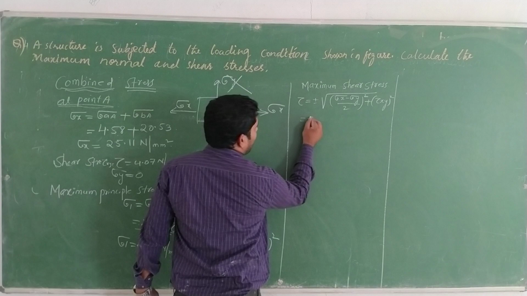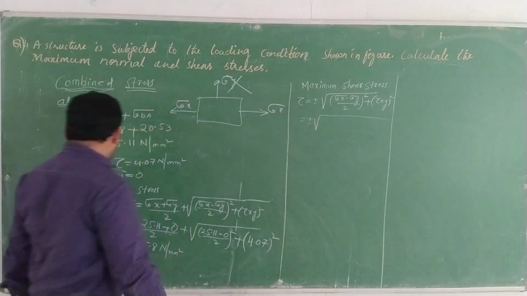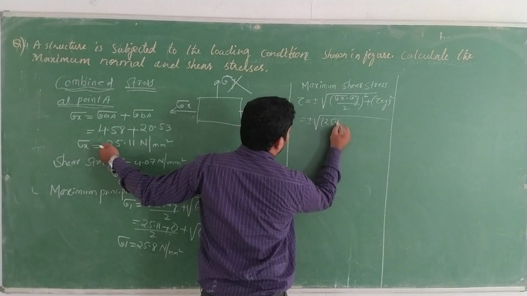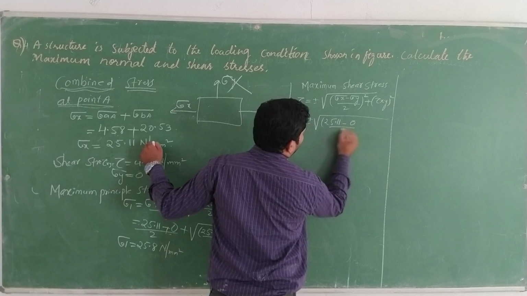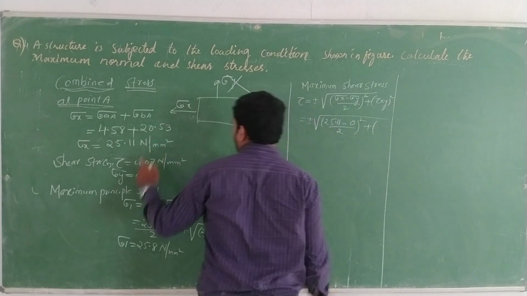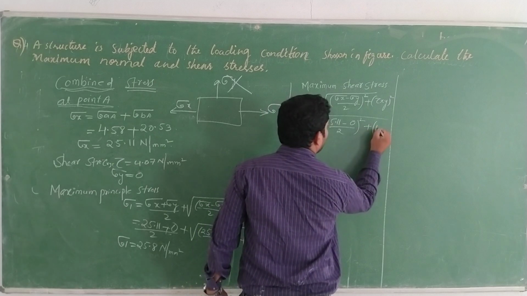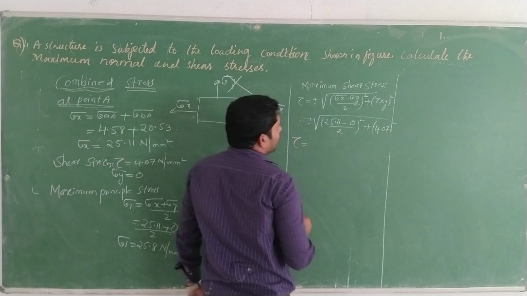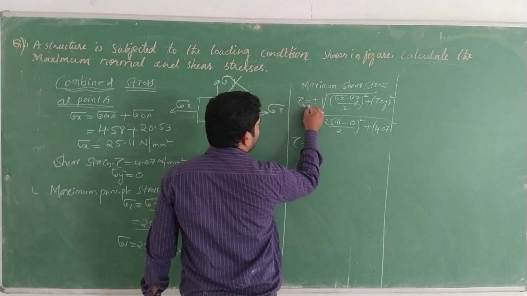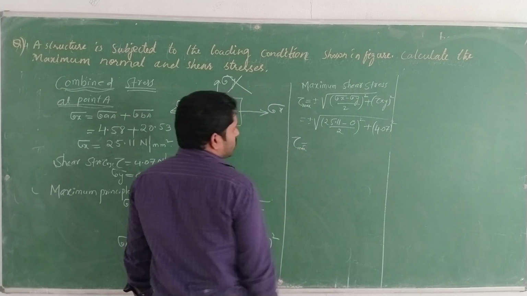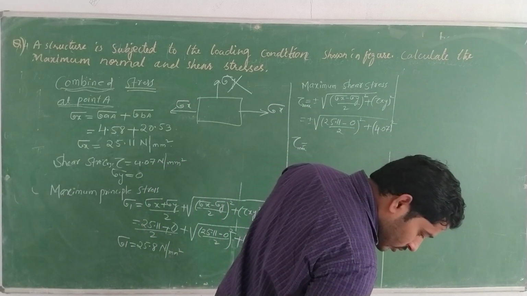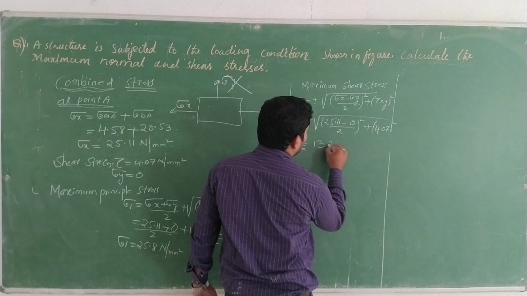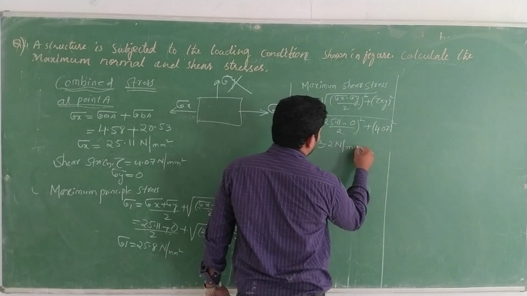So plus and minus, the sigma x value is 25.11 minus 0, by 2 whole square, and the tau xy value is 4.07 whole square. If you calculate this value, you will get the maximum shear stress. I am getting the value 13.2 Newton per mm square.